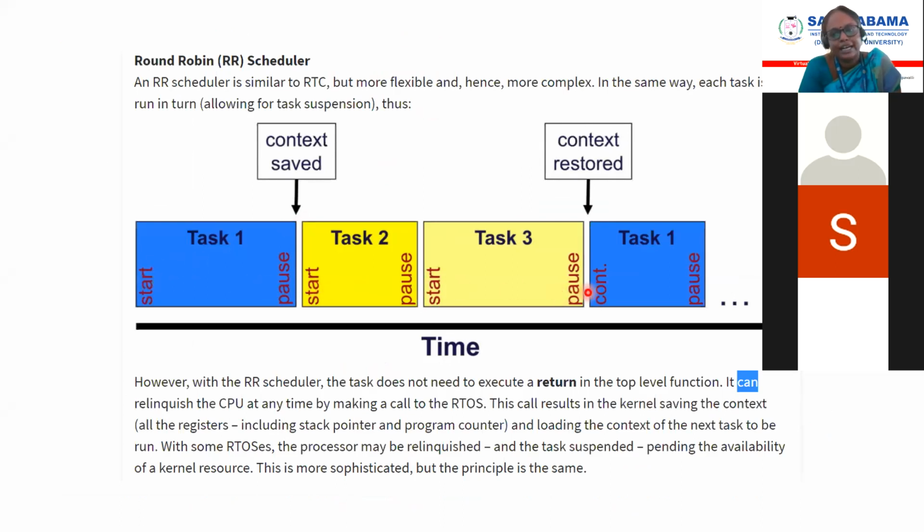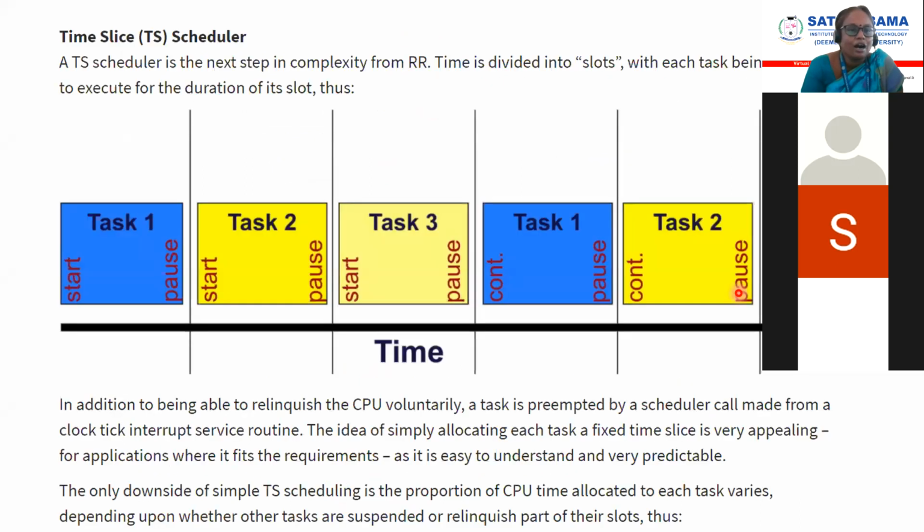So here, time slicer, this is the time, start, stop, start, stop, but instead of stop they said pause. So this task is only allowed to operate for 10 seconds, the next task is also for 10 seconds, and this is also. So time is divided into slots, and within that particular time division I am supposed to complete my task. Are you clear? That is time slice.